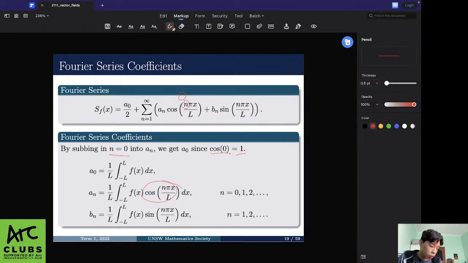So since this term is equal to 1, it just becomes an f of x, which we're integrating from minus L to L, and then we multiply it by 1 on L. So these are the three formulas that you have to remember, and once you remember them, you're pretty golden, because usually they'll just ask you to find these three coefficients, and usually they won't ask you to put it into this form, or they'll give you this form, so you don't have to memorize the Fourier series form as long as you have the coefficients. So just remember these three formulas.